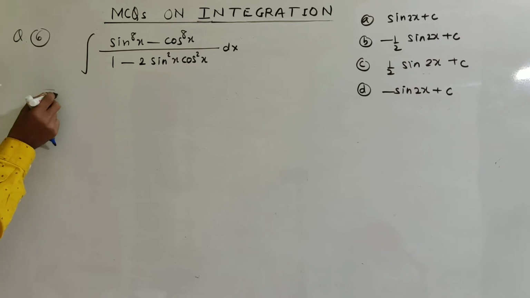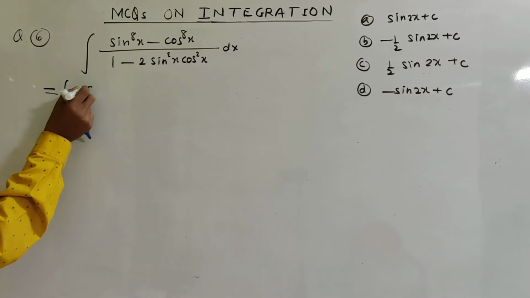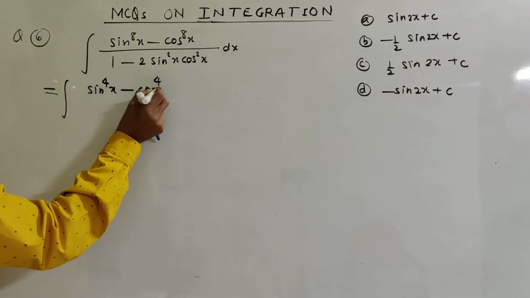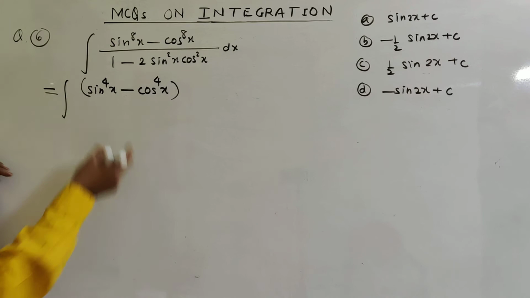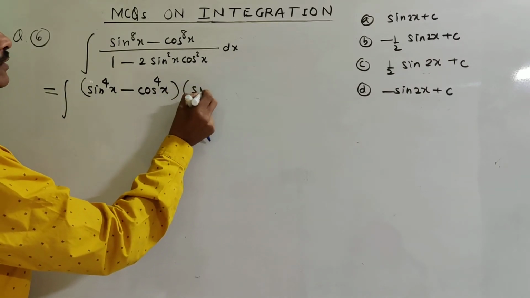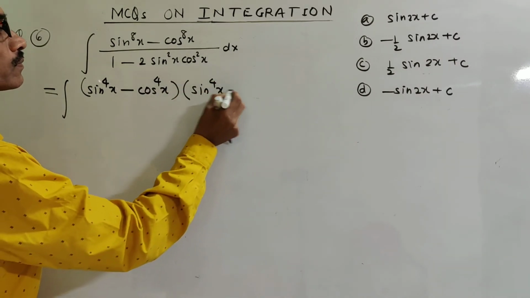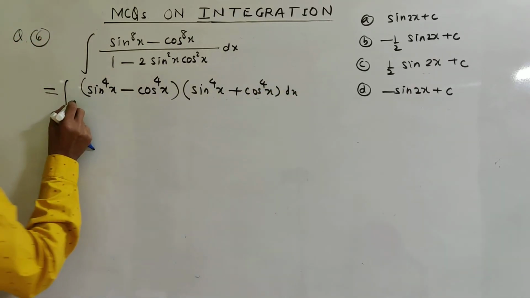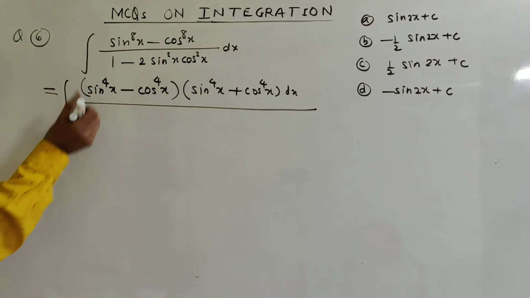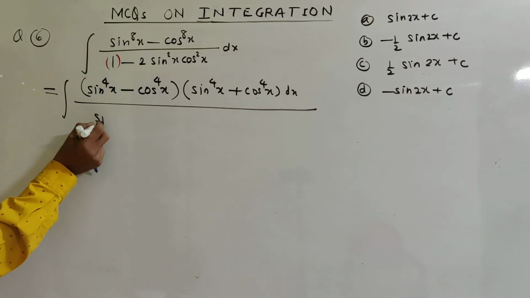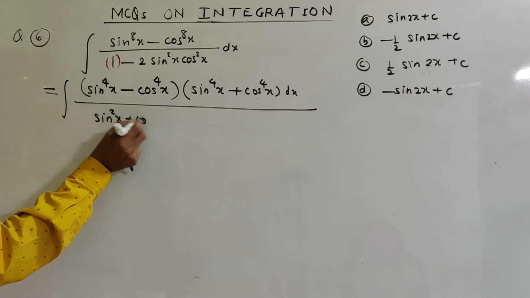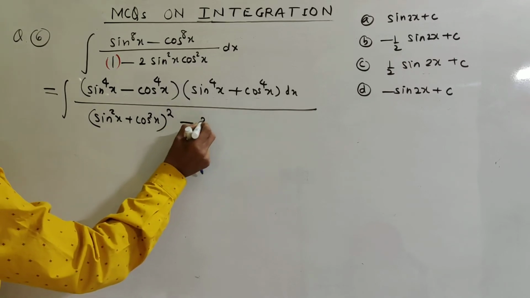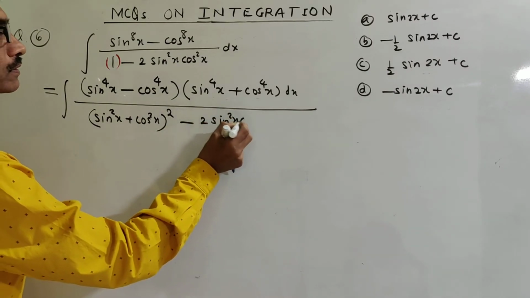So we factorize it: (sin⁴x - cos⁴x)(sin⁴x + cos⁴x) dx upon the denominator. This one we can write as (sin²x + cos²x)² minus 2 sin²x cos²x.